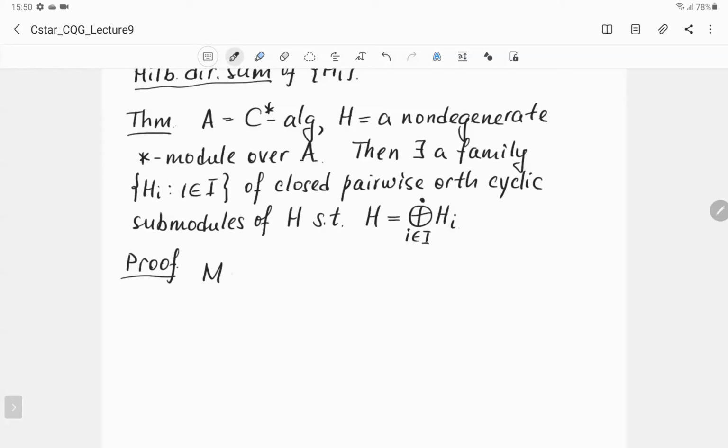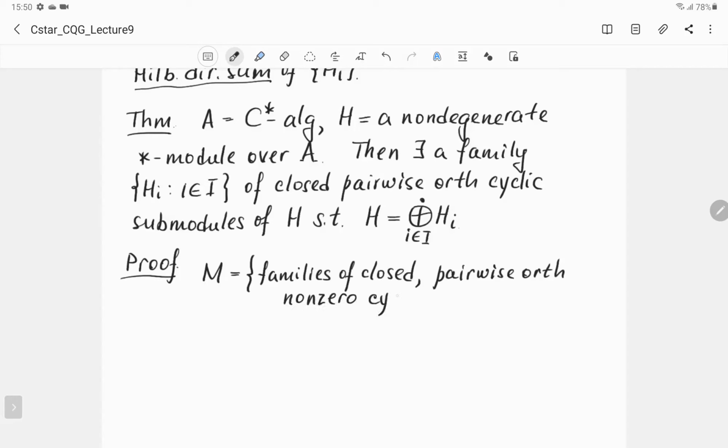We denote by M the set whose elements are families of closed pairwise orthogonal non-zero cyclic submodules of H. So this is a set.